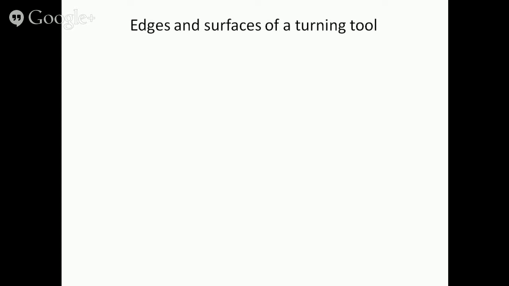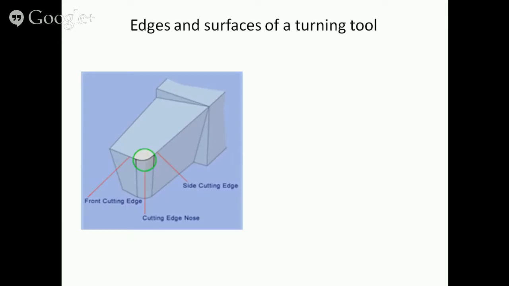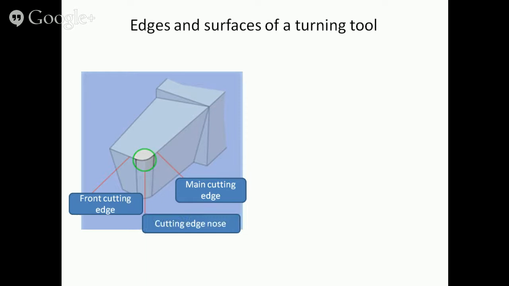Let's start with a short repetition of edges, surfaces, and angles. The turning tool has got 2 cutting edges, a main cutting edge and a front cutting edge. The place where the 2 edges meet, the cutting edge nose, is not a sharp one, but is rounded so that it does not break under normal cutting conditions.